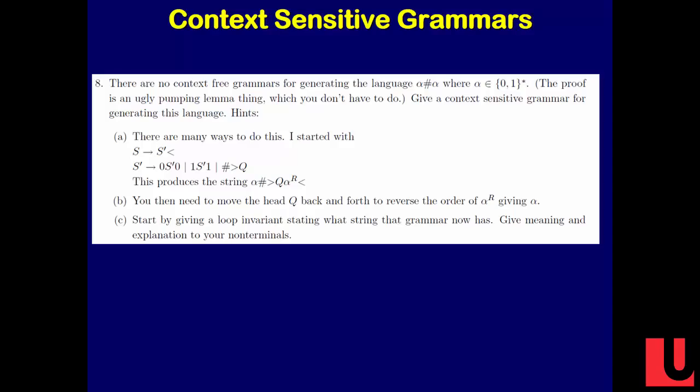This is going to spew out alpha pound alpha reversed, and then they'll have this Q here, so you're going to get alpha pound and then alpha reverse with brackets around it and a Q. And the Q will sweep around and reverse this thing. All right? But I figure we've covered one example already, so I'm not going to cover this example, but it's in the notes if you want to see it. The reason we're talking about it now is because we're going to need it as a subroutine for what we do next.